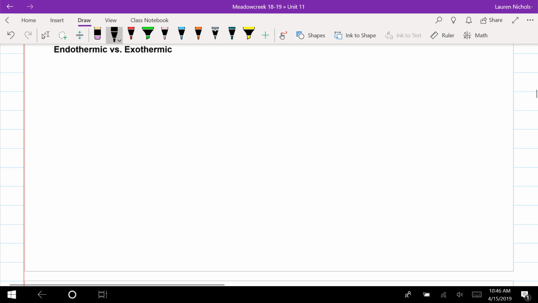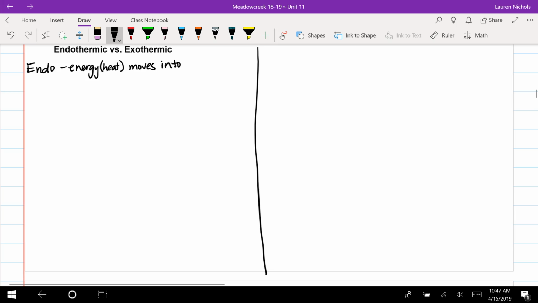So we're going to split our note sheet in half. Well, that's kind of in half. Let's do that a little bit better. We're going to split endo and exothermic in half and define them. Endothermic, endo sounds like N, is when energy or heat moves into the system.